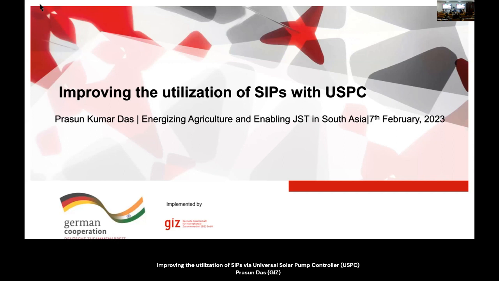So we are discussing how we can enhance the SIP, solar irrigation pump set, and we should look not only at the pump but also at the modules, how much energy is generated and how we can maximize the utilization of the pump. With that, we have one solution called USPC, Universal Solar Pump Controller. We'll discuss what it can do and what experience we have in India.